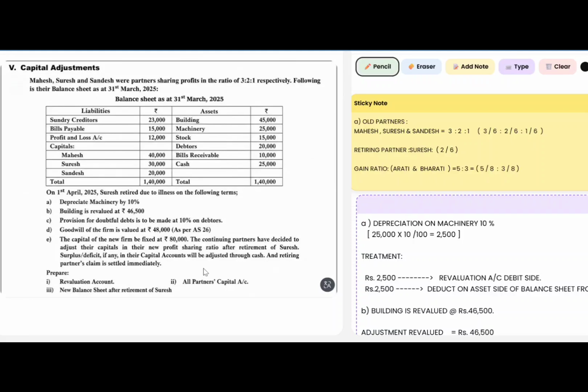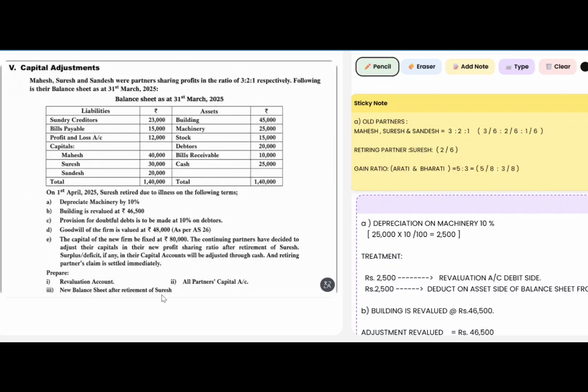And the retiring partner's claim is settled immediately, which means that on the retirement of the partner, his account is paid immediately through cash.